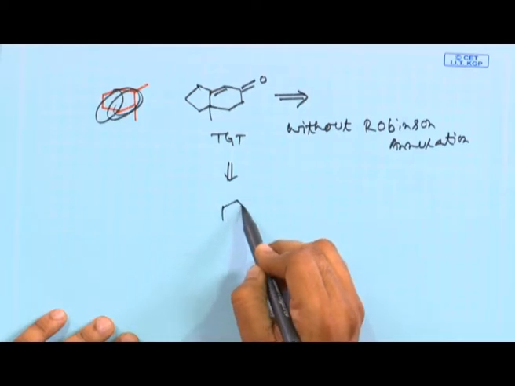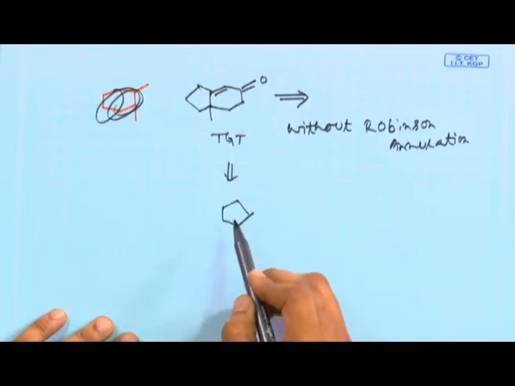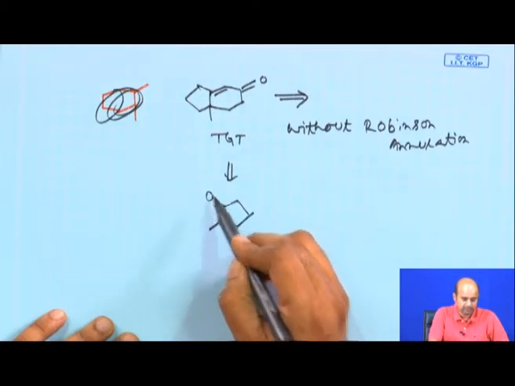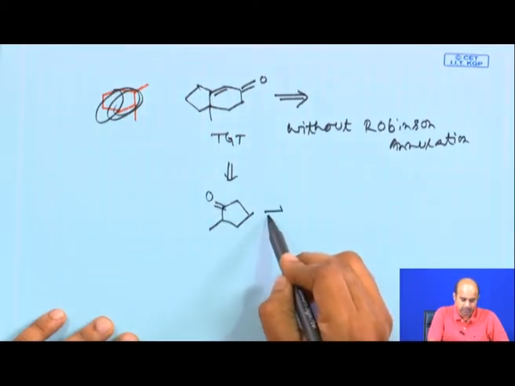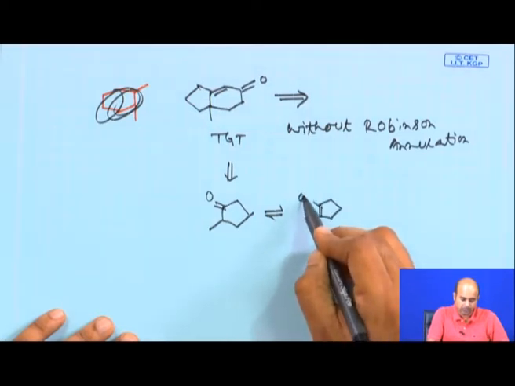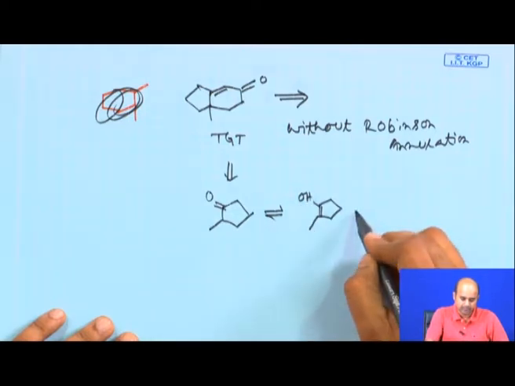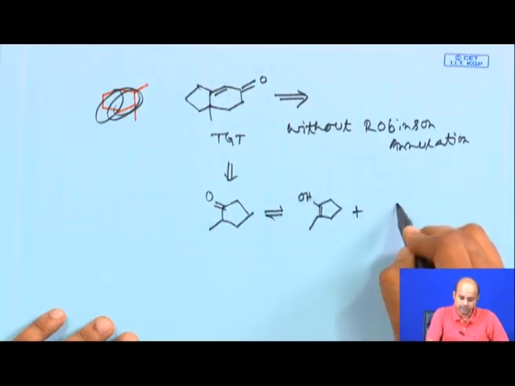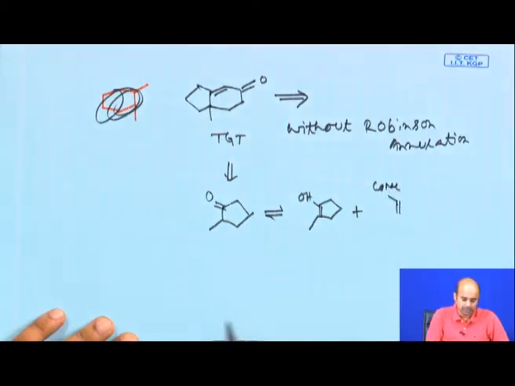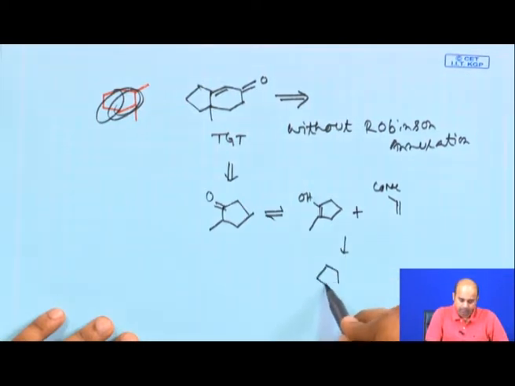You just take a cyclopentene based compound like this, and then you get an alkenol OH, and then you react with methyl vinyl ketone to get the corresponding 5-membered as well as 4-membered species.